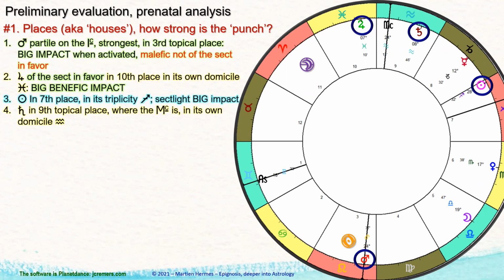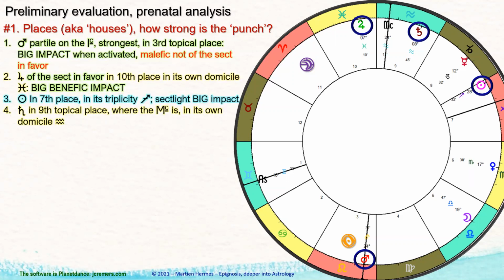The reason is simply because he is in such a powerful place, being on the degree of the IC. And being the malefic of the sect, he will often probably disturb or sever, because that's what Mars does in such a chart.